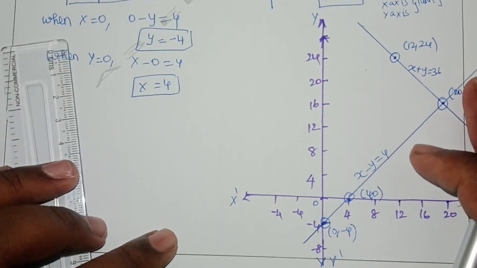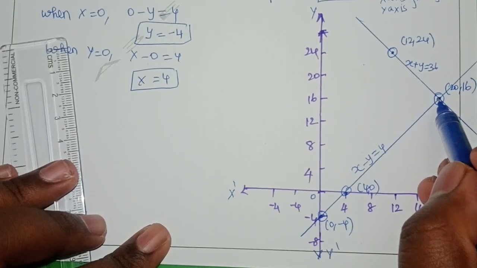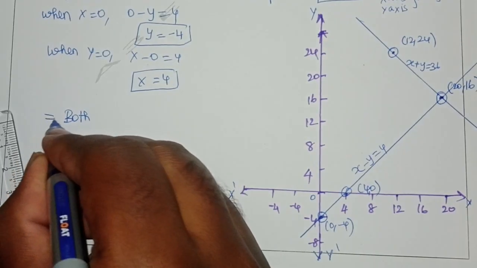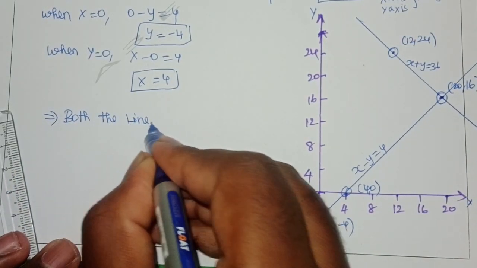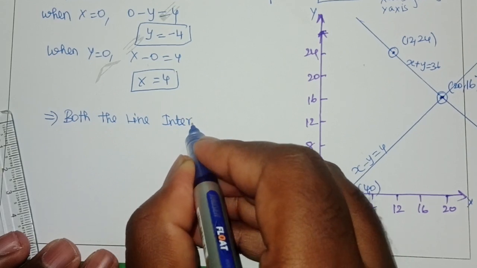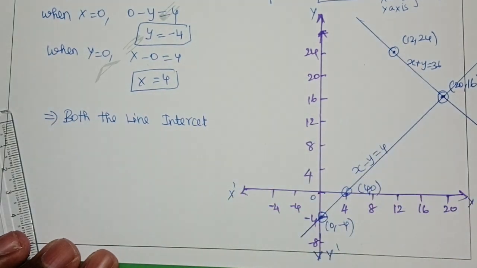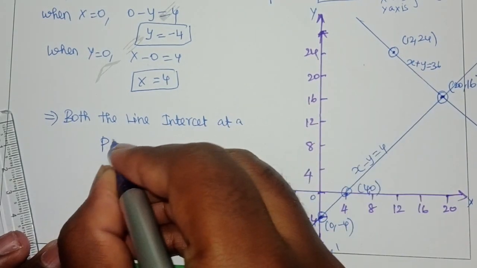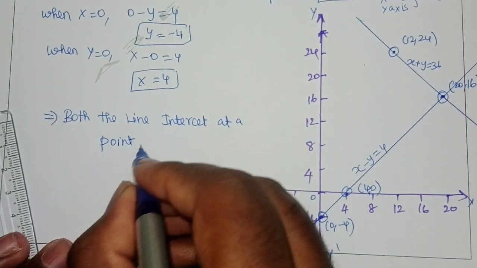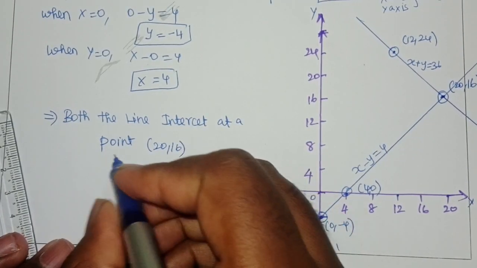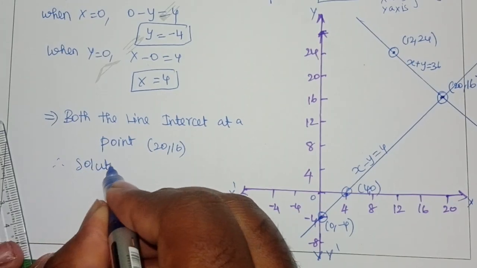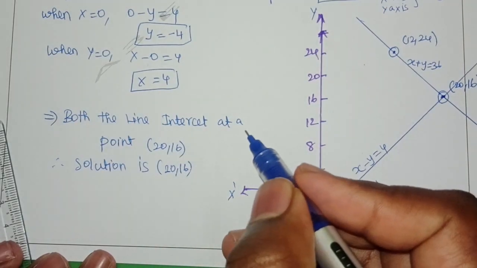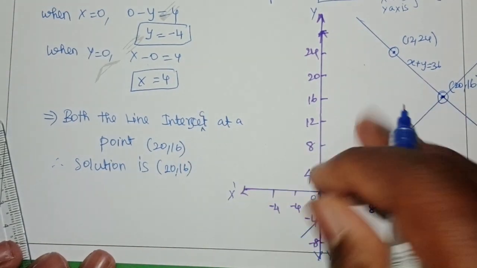After the graph, you should write that both the lines intersect at the point 20 comma 16. Therefore the solution is 20 comma 16.